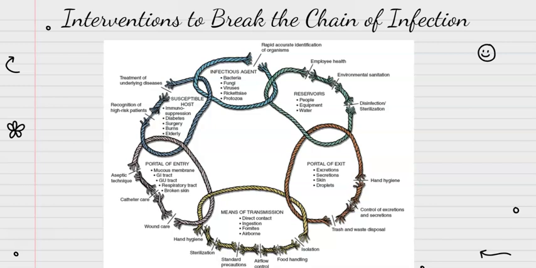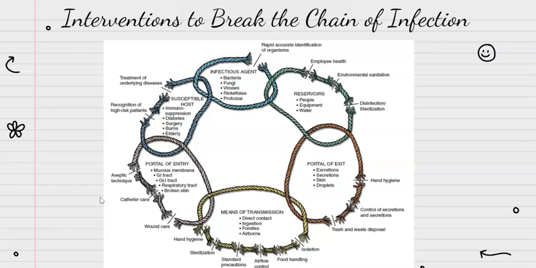that mode of transmission. For portal of entry, you want to block the pathogens from entering the new host. Maintain skin integrity. Use sterile technique for invasive procedures. Ensure wound care to prevent pathogens from entering, ensuring that dressing changes are occurring at a proper interval.